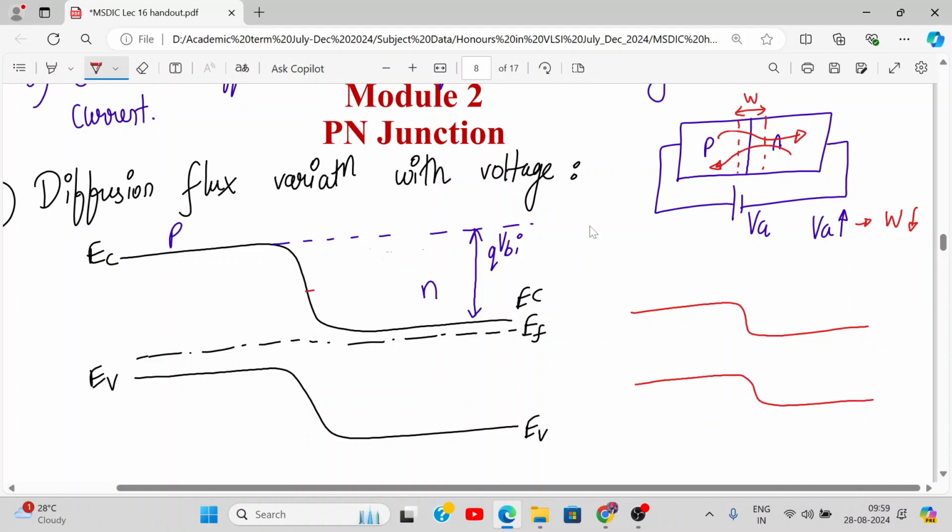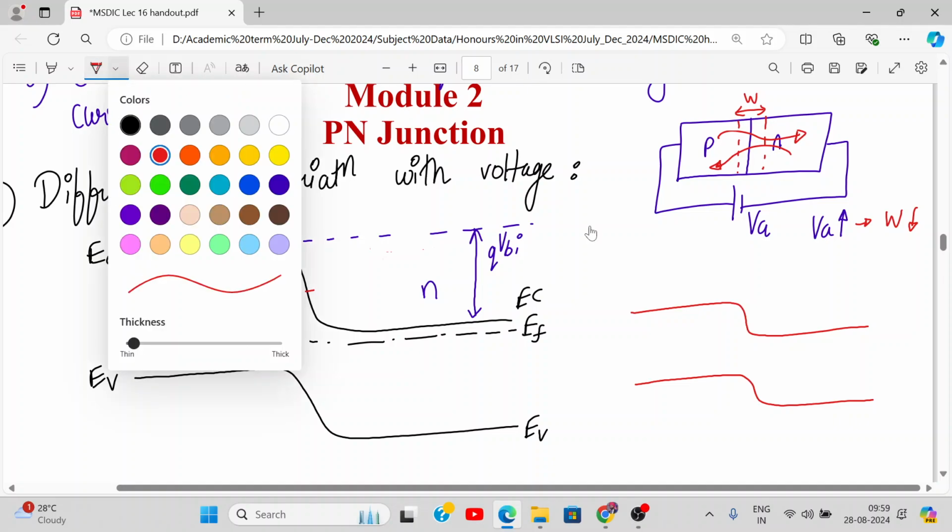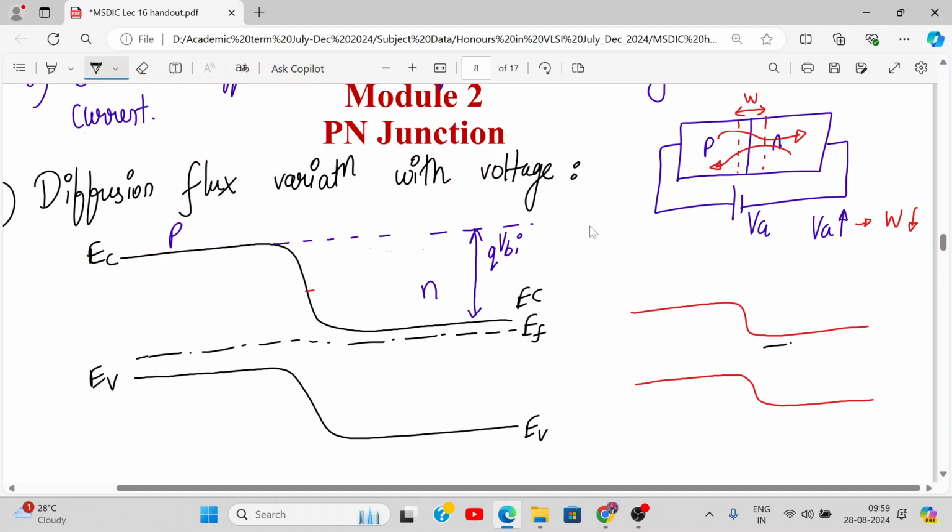So here, this EF will be shifted over here. Both shift actually, this is EFN and this is EFP. Here it was the same. Here EFP and EFN were the same.